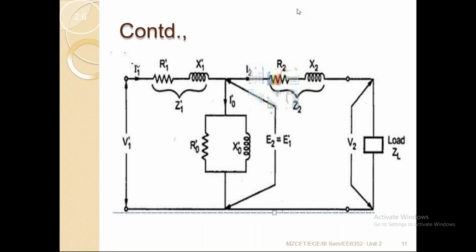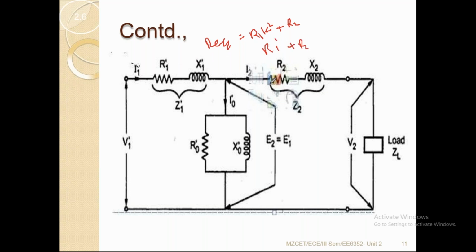Now, how do we write the equivalent resistance? Req equals R1 K square plus R2. This is the equivalent resistance when the primary resistance is shifted to the secondary, so you can represent it as R1 dash plus R2.